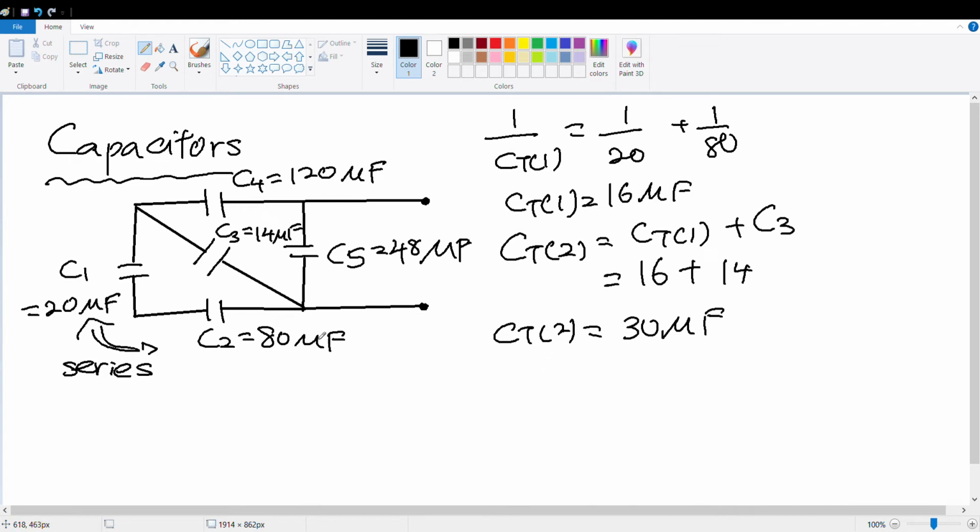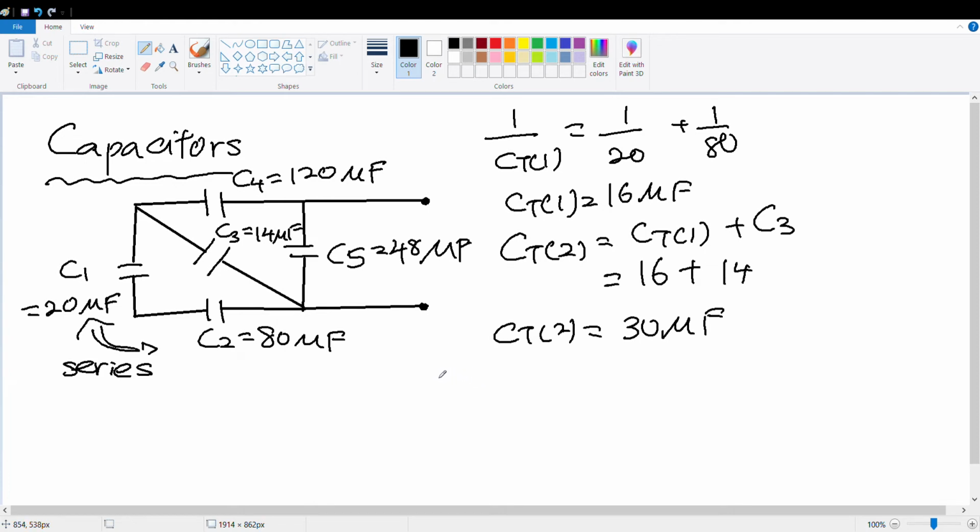After calculating CT2, let's move on to CT3. This is the combination of C1, C2, and C3. This combination of C1, C2, and C3, which is CT2, is in series with the fourth capacitor.